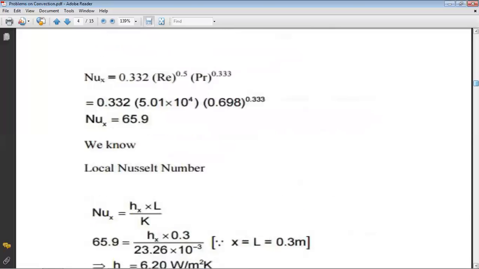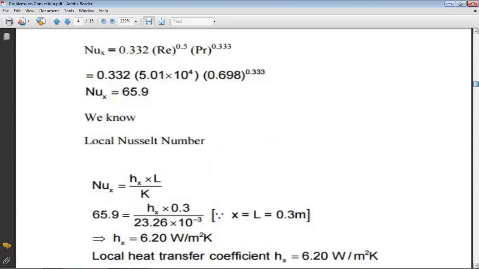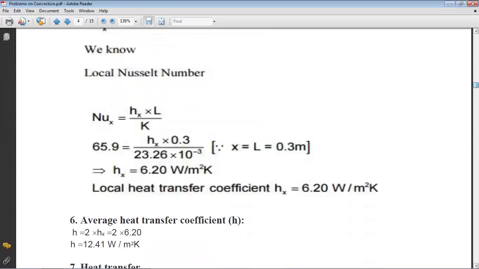Now, if you substitute the value of Reynolds number as well as Prandtl number, you will have Nusselt number as 65.9, and if you equate it to hL upon k, where k is obtained from the table.